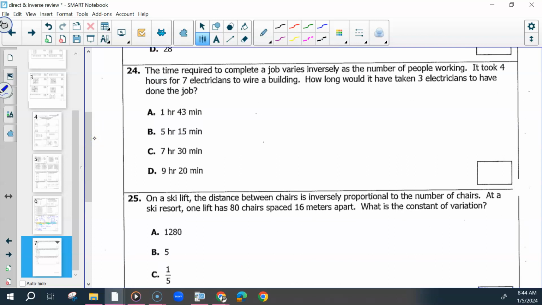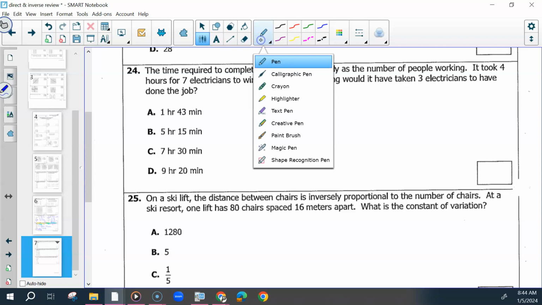The time required to complete a job varies inversely as the number of people working. It took 4 hours for 7 electricians to wire a building. How long would it have taken 3 electricians to have done the job? What is important here?